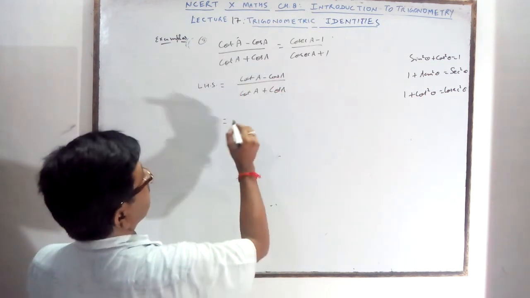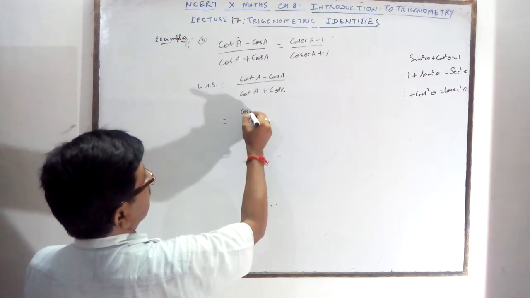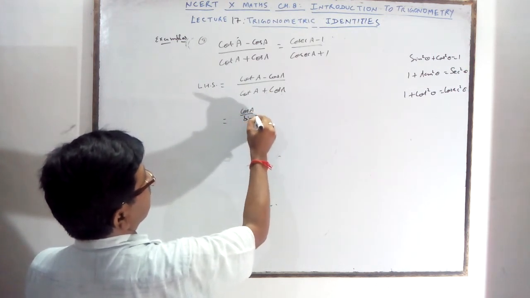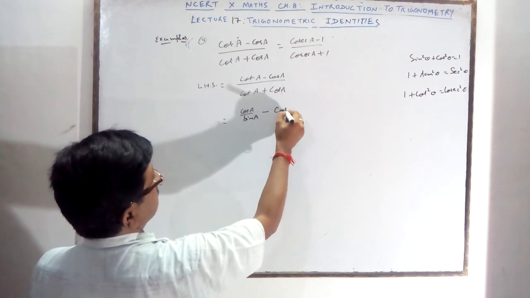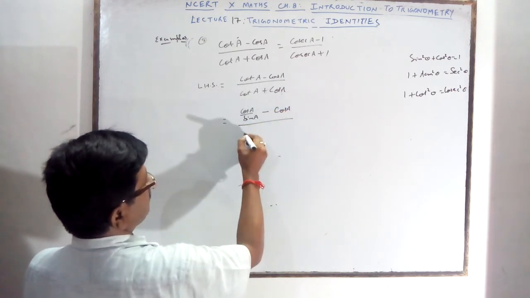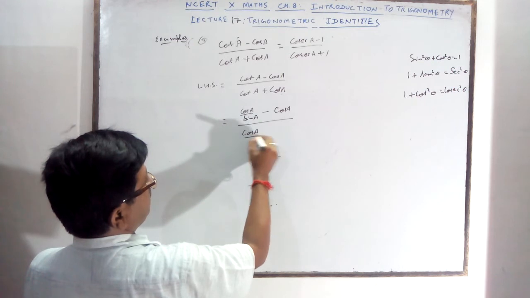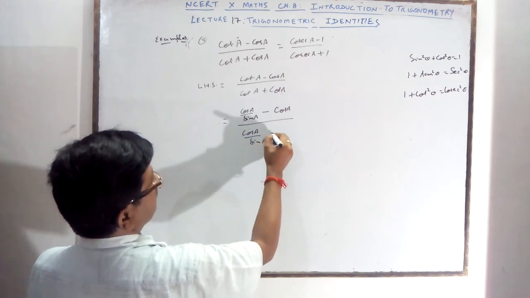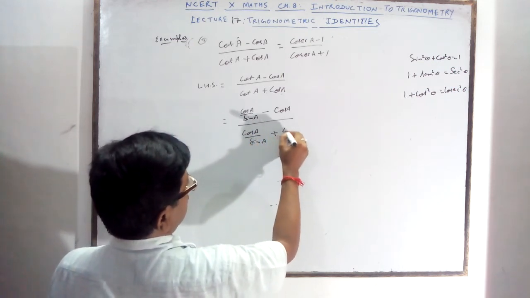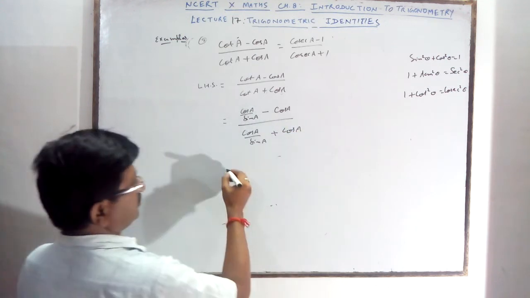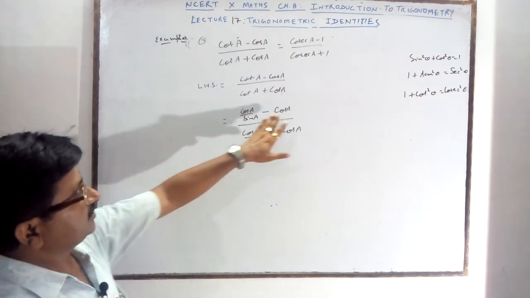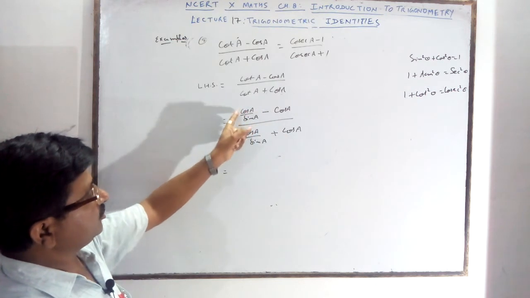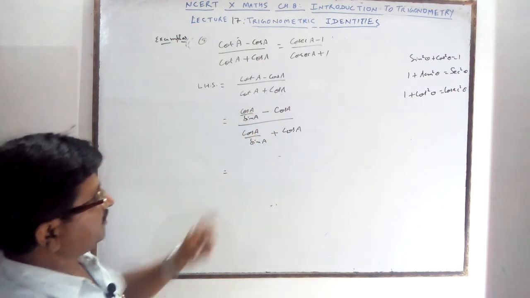Cot will be cos A upon sin A, so cos A upon sin A minus cos A, whole upon cos A upon sin A plus cos A. You see there, both have a single term in numerator and denominator, so cos A is common in the numerator.